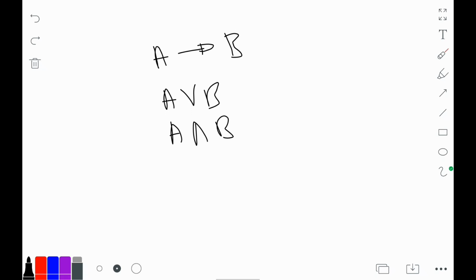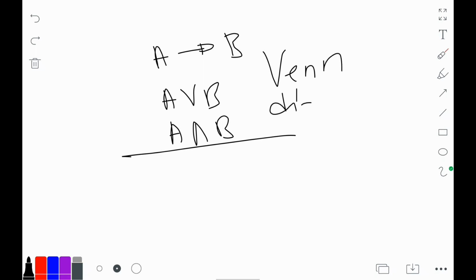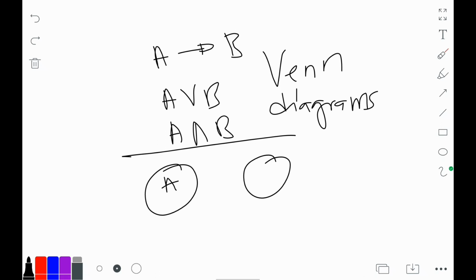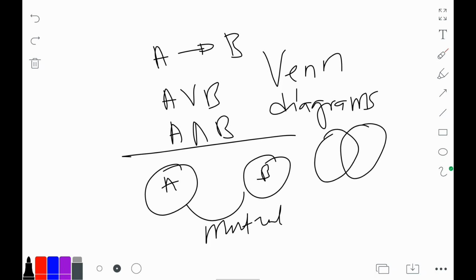Before I give you that, there are things you must know. Remember about Venn diagrams. If you have sets A and B like that, these are mutually exclusive, and if you have sets like this, they are inclusive. Remember that. And then you have to find where they intersect, here where I just shaded. You can have as many sets as possible.